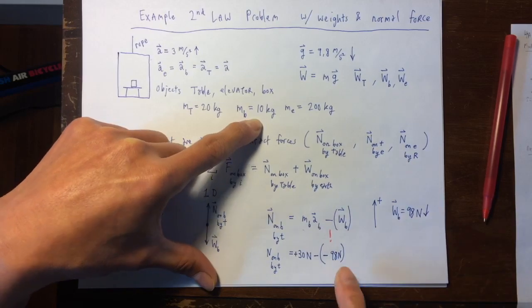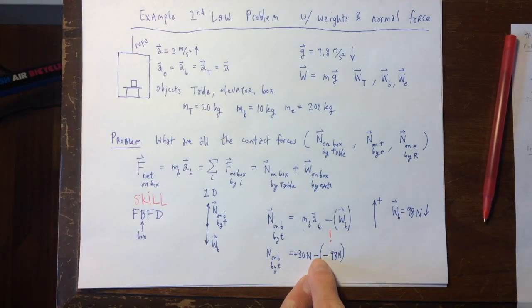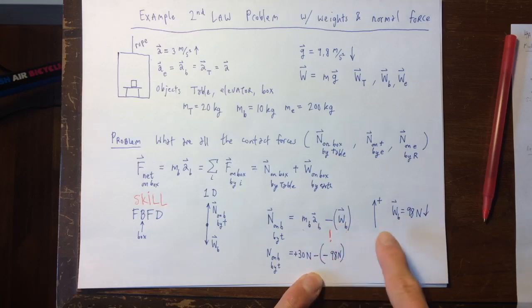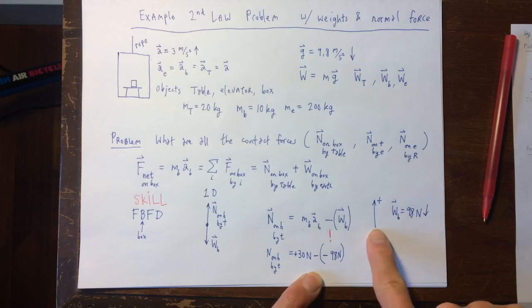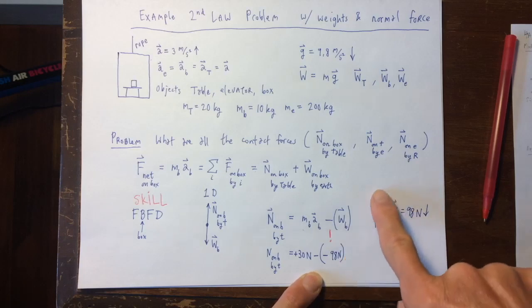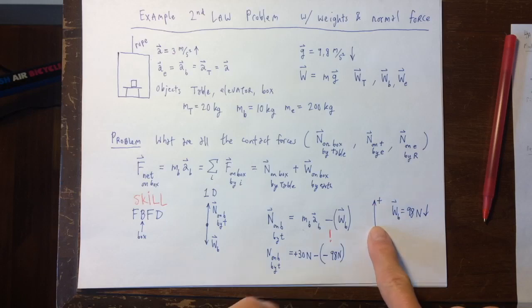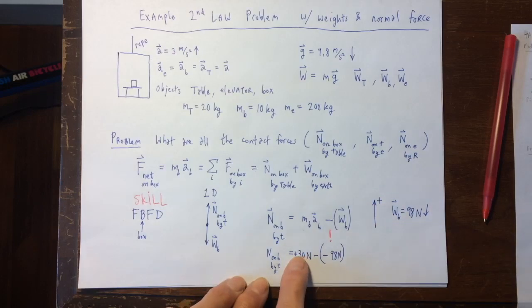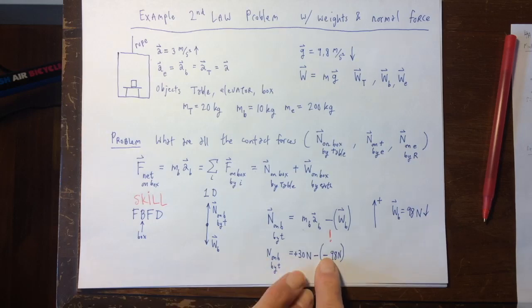98 newtons. This is really important because look, there's two minus signs. The outer minus sign came from earlier algebra. You don't get to negotiate that one. The inner minus sign comes from the choice of coordinate system. And once you choose a coordinate system direction, what that did was it chose that sign. It's going to choose how we understand the sign of the answer, but it also dictated what we had to put here.